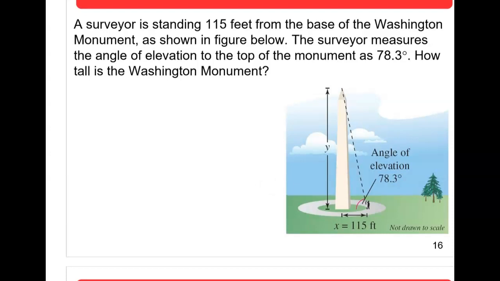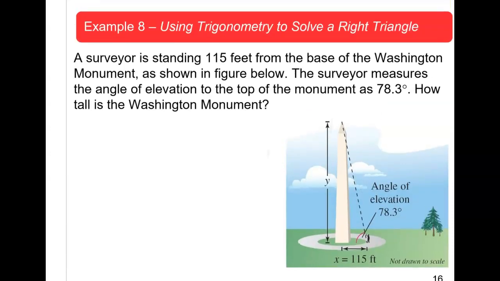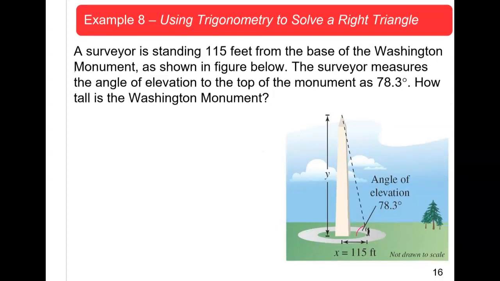Here we're going to use that concept to solve this problem, example 8. I'm going to read the problem. Pause the video if you need to, so you can read it yourself. A surveyor is standing 115 feet from the base of the Washington Monument, as shown in the figure below. Here's the surveyor. The surveyor measures the angle of elevation to the top of the monument.